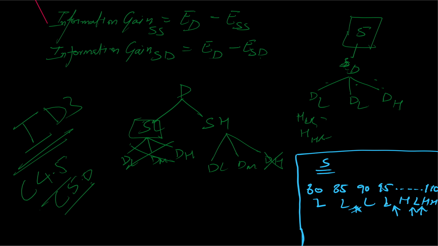Now the algorithm C4.5 or C5 will actually try to make these three splits and try to see the entropy of these splits if they were splitting it by systolic. So they will call this entire portion in one go as systolic class 0, and this they will treat as systolic class 1.